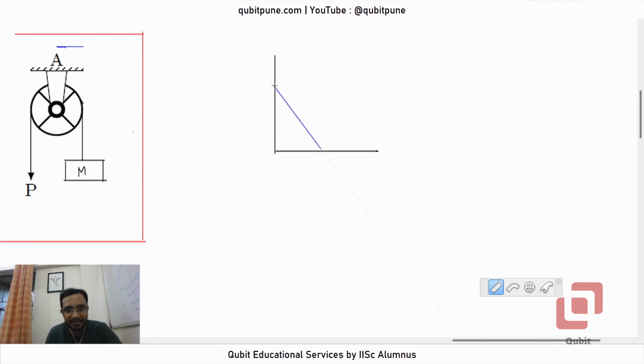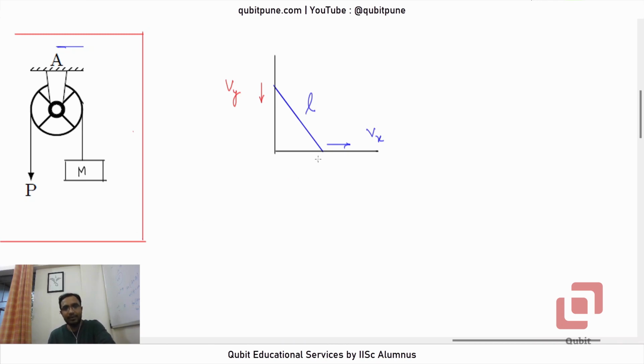Its length is L, and suppose this end is pulled with some speed Vx. They ask us to determine the speed at which the other end of the ladder moves downwards. Even here we use the same formula.